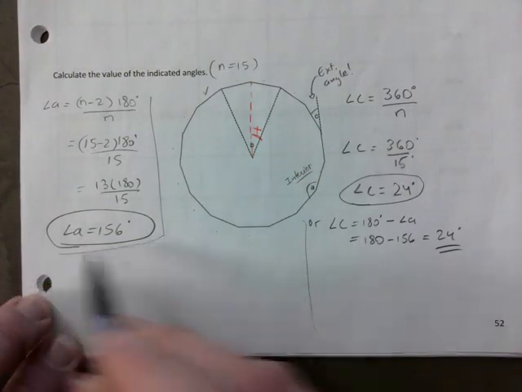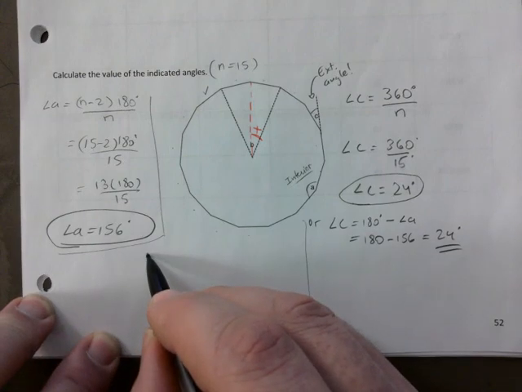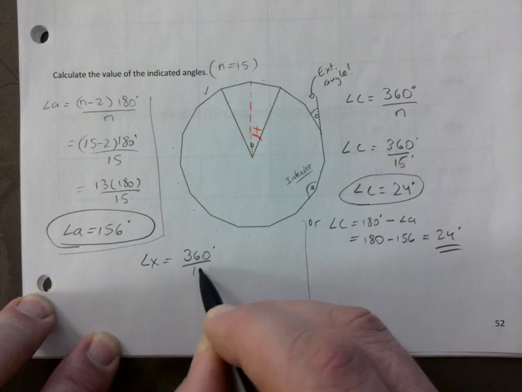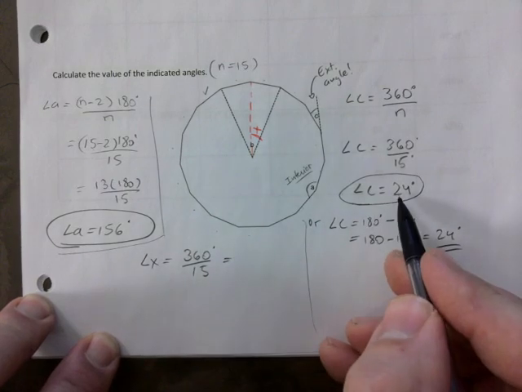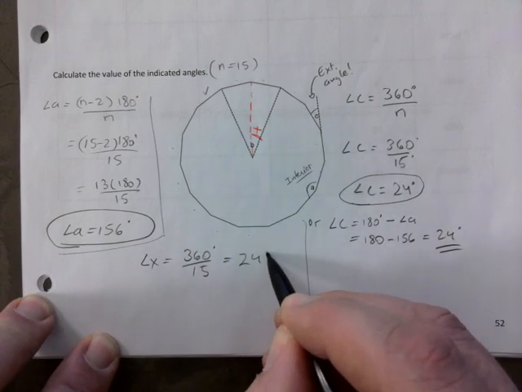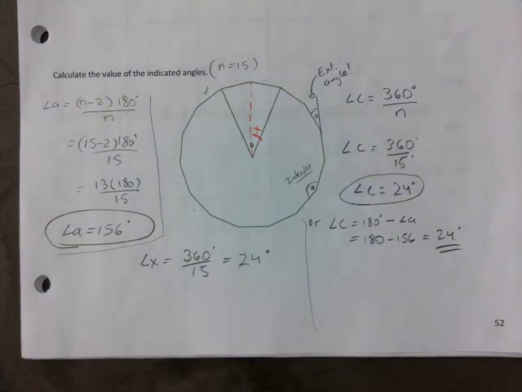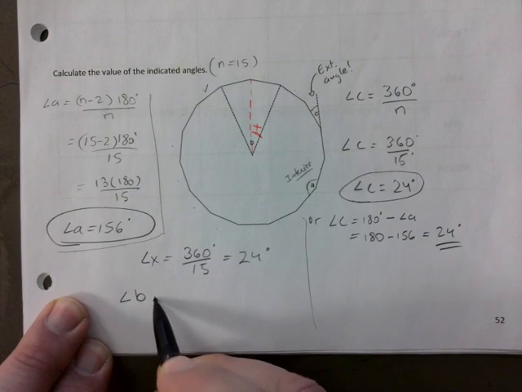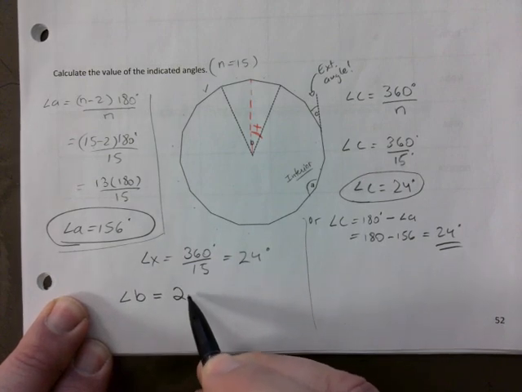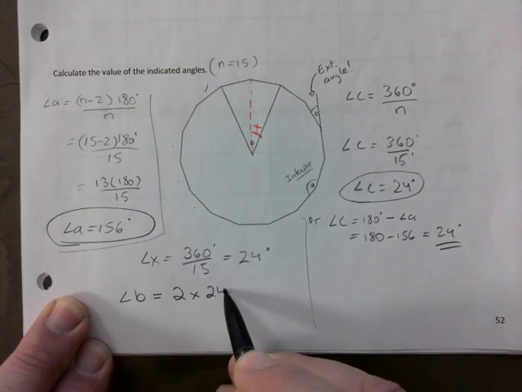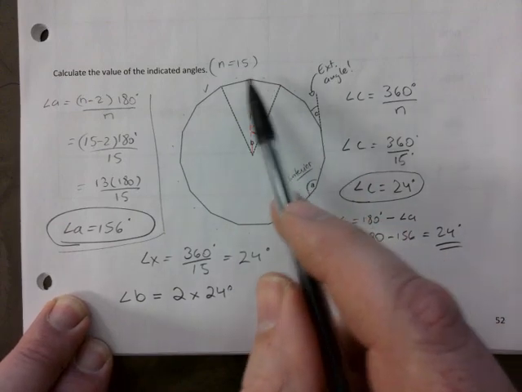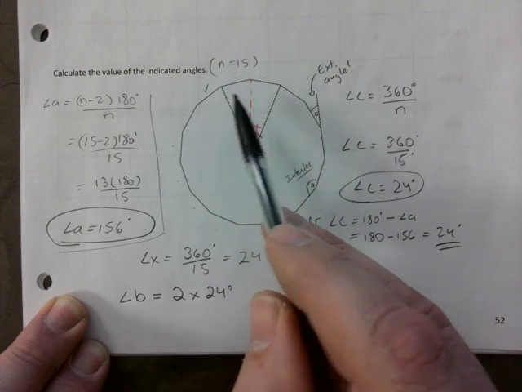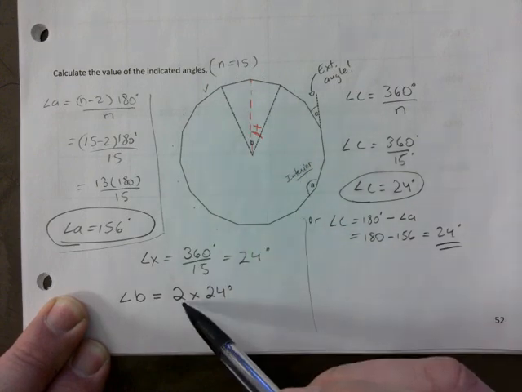I know it's early. Angle X is going to be 360 divided by 15. We already know that that's 24. So I'm kind of rushing a little bit. Angle B would be 2 times 24, correct? Because it spans two sides. If it would have been over 3 sides, then you would just multiply it by 3, right?